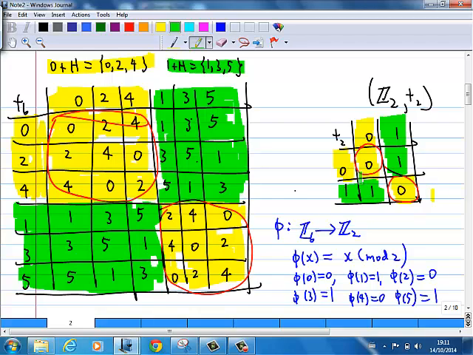So notice that these two tables, although they are different size, they have the same structure. The colors just match. If you ignore the numbers 135, if you ignore the numbers 024, they all have the same color. Okay? So if you color 135 green and color 024 yellow, then you get the table on the right side.